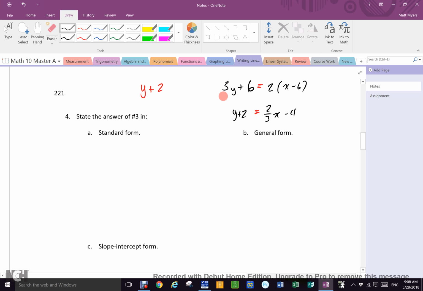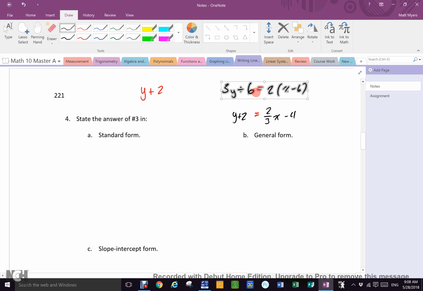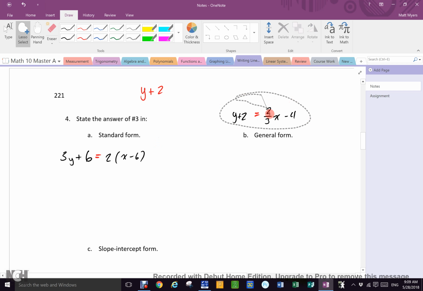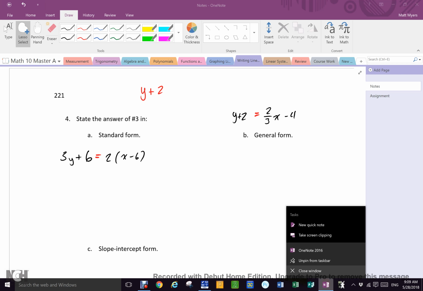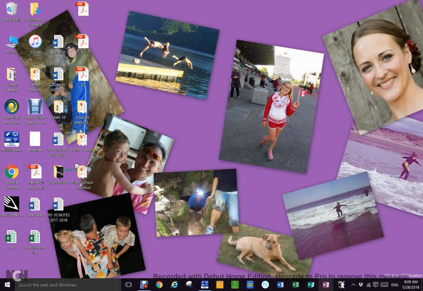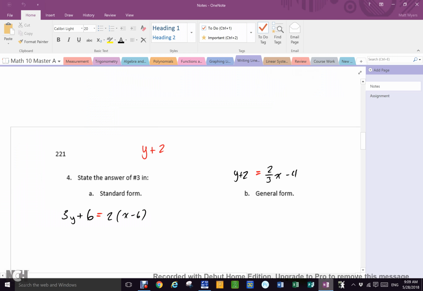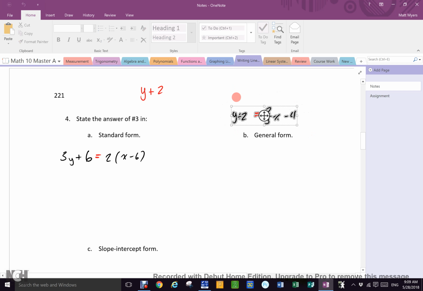Now, I'm going to do something a little weird here that you can't do because you're not working with a computer. I'm going to move that one under there.